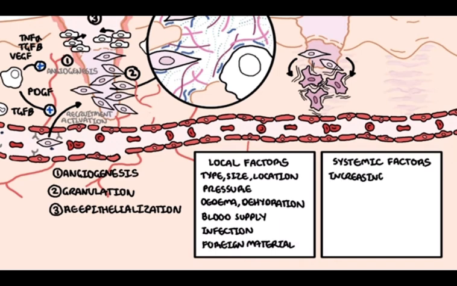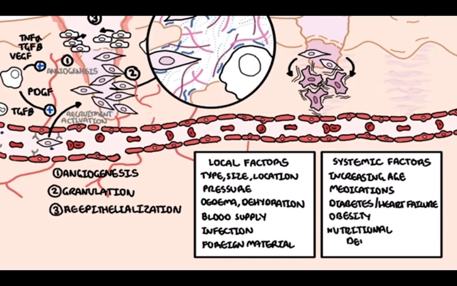Systemic factors include increasing age, certain medications such as the use of steroids or antibiotics, comorbidities including diabetes, heart failure, and obesity, as well as nutritional deficiencies, specifically vitamin C.